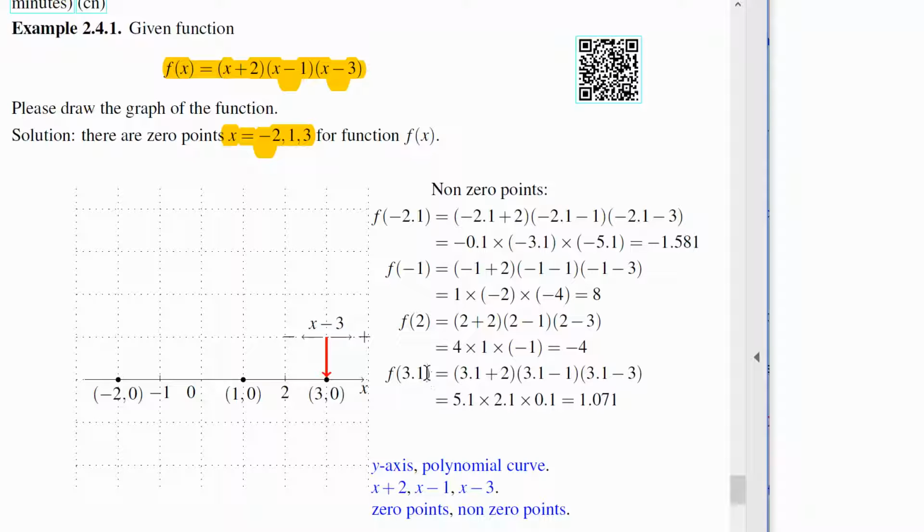Where is 3.1? x is 3.1 means x is greater than 3. So you plug in 3.1 into the polynomial. What can you see? That's the one right here.